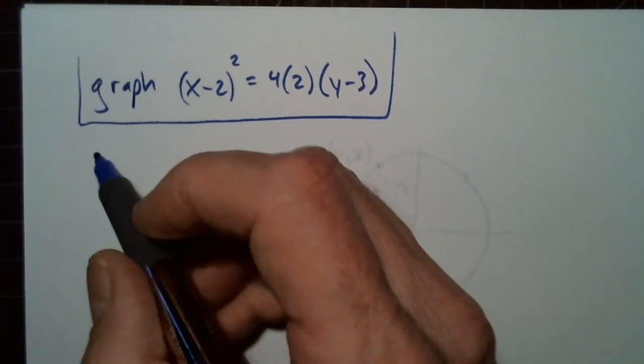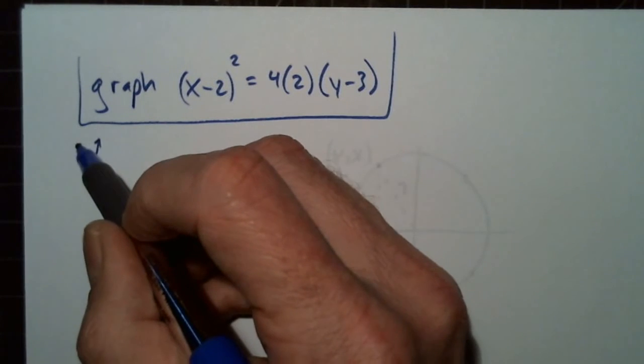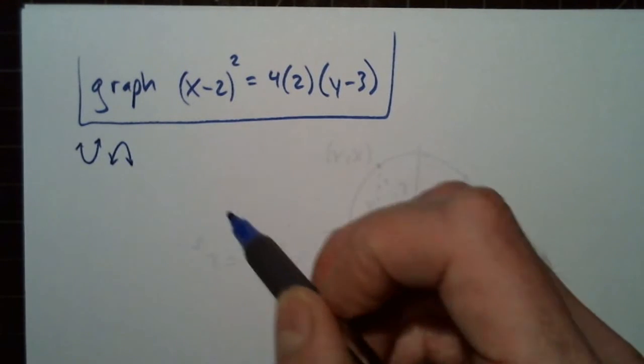Okay, since x is squared, we know the graph could look like this or like that.